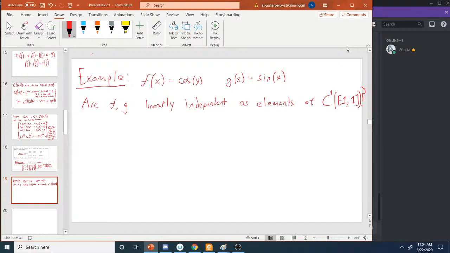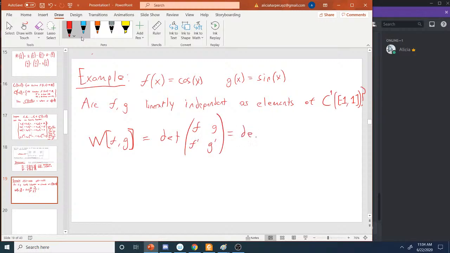Well, here's how we can figure that out. We can write down the Wronskian. The Wronskian of f and g is going to be equal to the determinant of f, g, f prime, g prime.